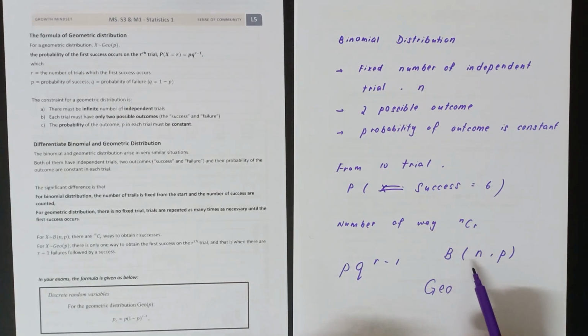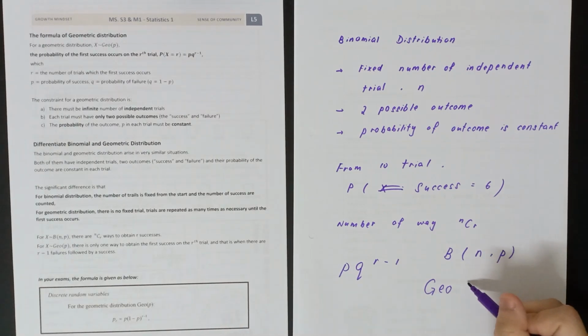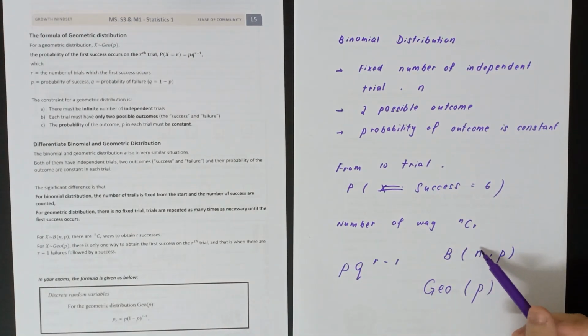Sometimes when you look at binomial, they use BIN also. But for geometric, it's GEO then p. Because you do not have a fixed n, your parameter is only one, which is p, the probability of success. So remember this, you can have your formula with you.